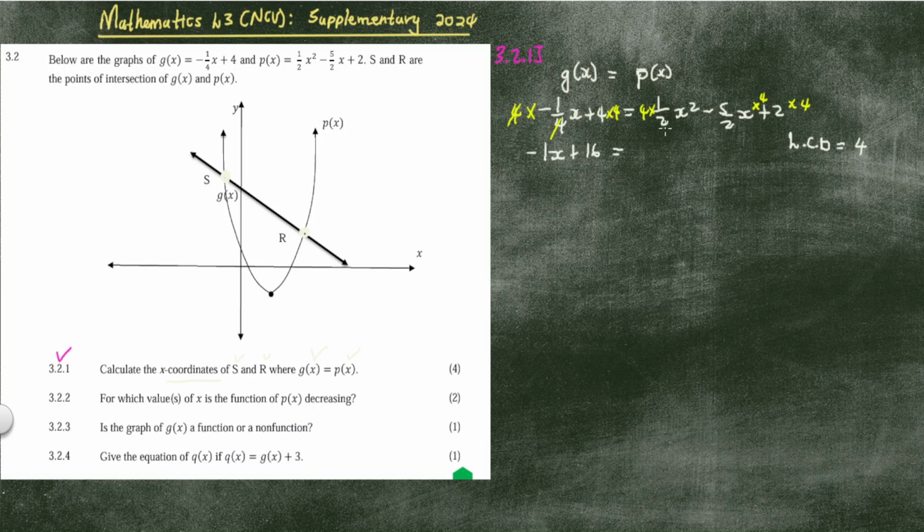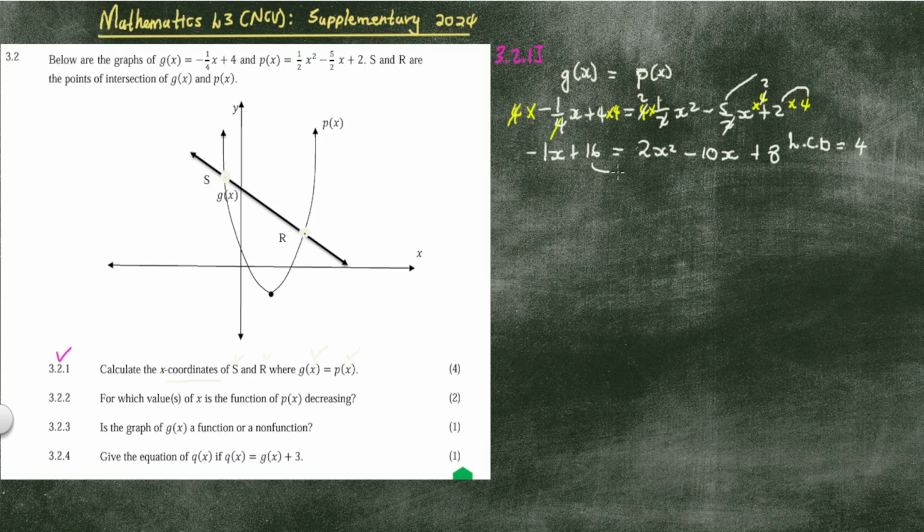Then 2 divides that 4 twice, so it's going to be 2 times this one, 2x squared. This 2 divides that 4 twice. What is 2 times 5? That's minus 10x. 2 times 4, that is 8.